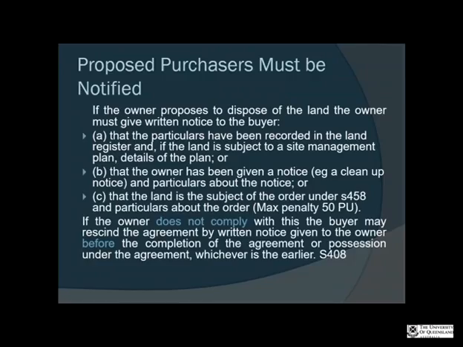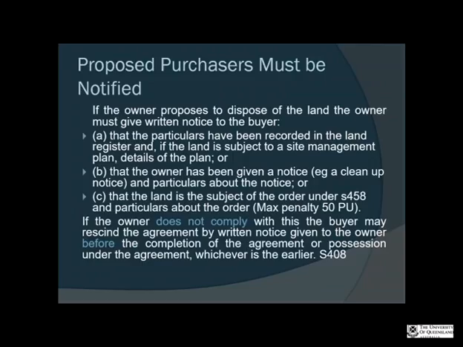So if the owner does not comply, I'm taking you down to that bottom paragraph. If the owner does not comply with this, the buyer may rescind the agreement by written notice given to the owner before completion or before possession, whichever is the earliest. So what that means is once you move into the site, so you take exclusive possession, or once you officially complete, i.e. title transfers to you, you can't rescind.